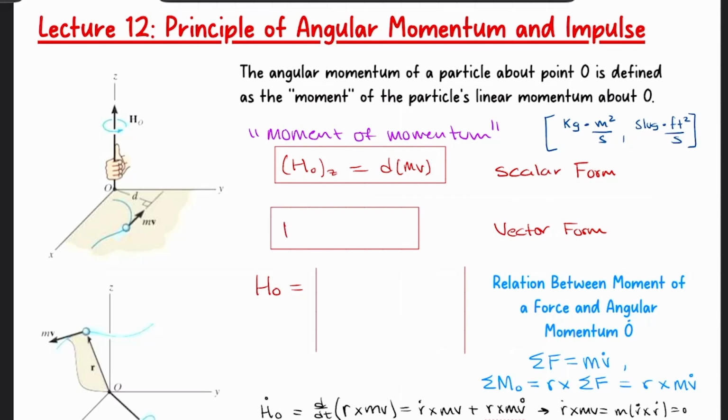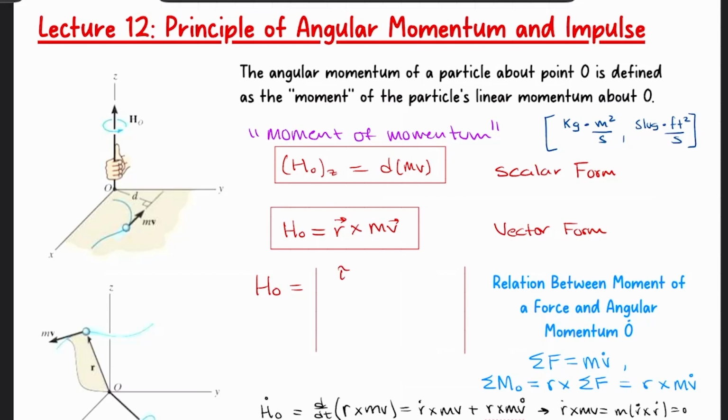Or we can write it in vector form: the angular momentum is equal to the cross product of the position vector r times the momentum. Of course, velocity and position are treated as vectors, and when that happens, we can do the cross product.